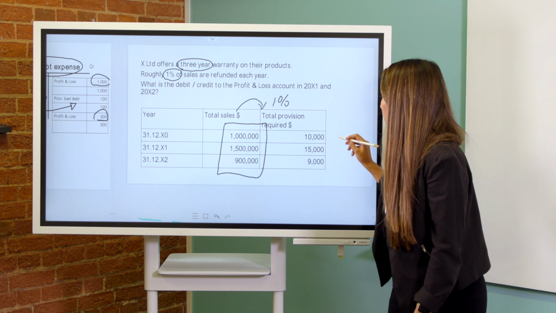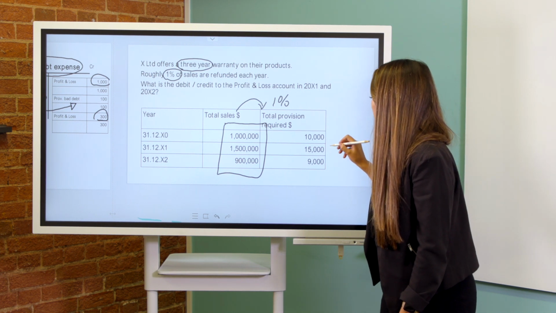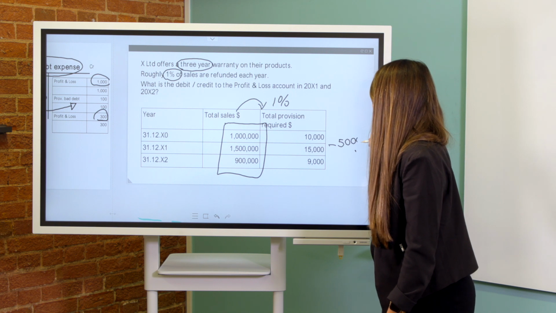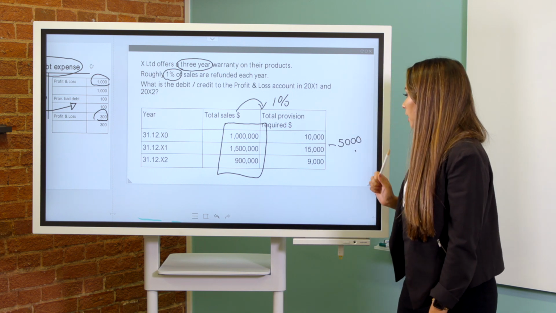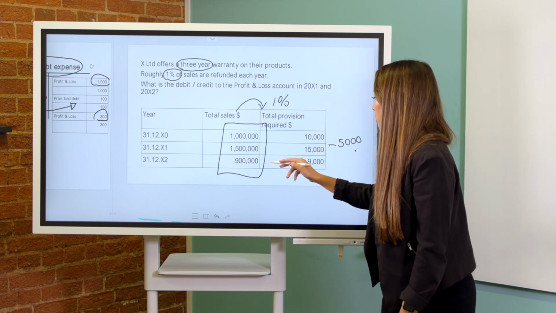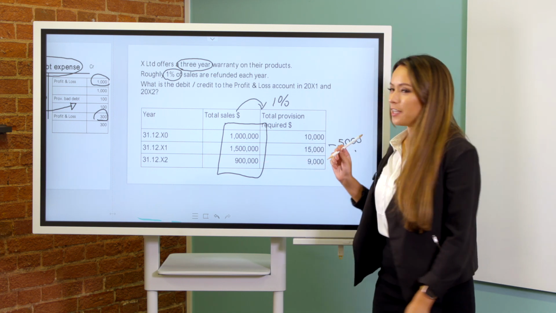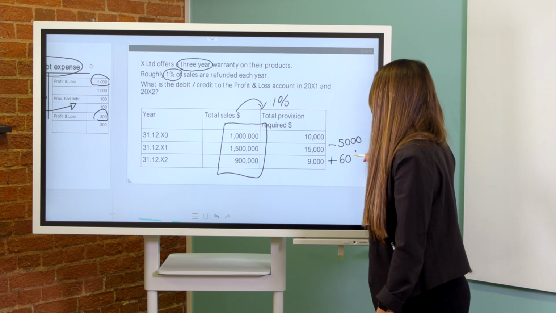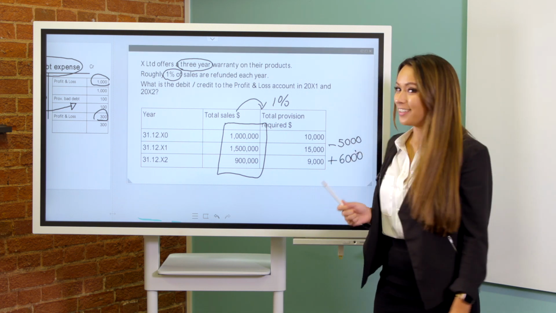So it'll be 5,000, a cost of 5,000. And on the third year decrease, so it'll be an income of 6,000, I think.